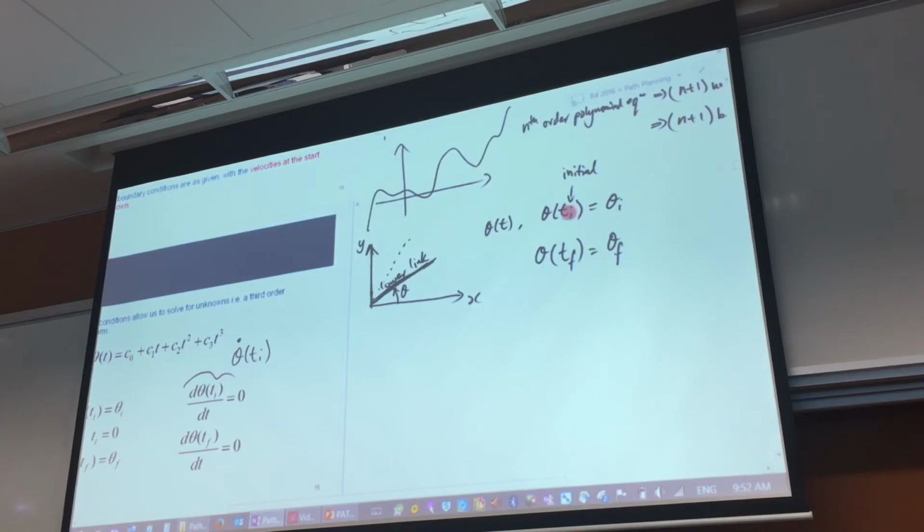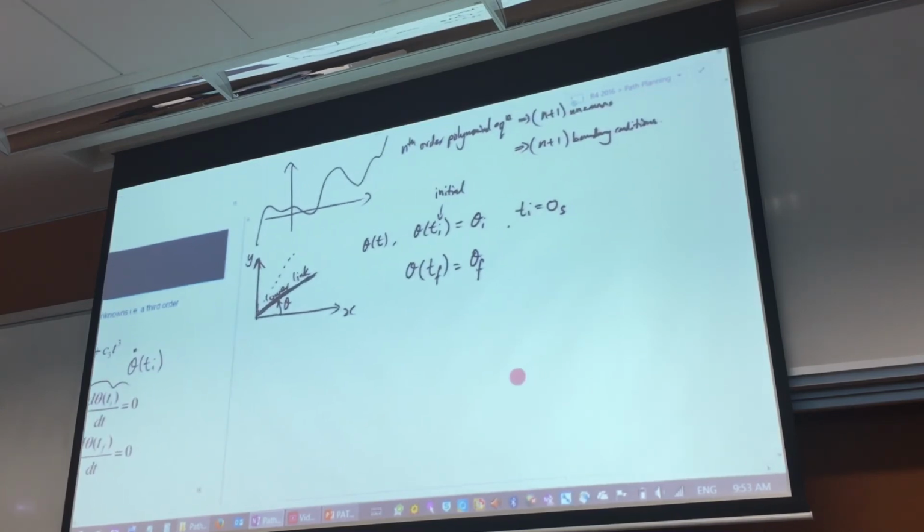So we would know that ti is when we can consider time equal to 0 seconds. So that means we can write theta at time equal to 0 is equal to a certain initial angle theta i. So we have seen before that this link will be governed by a third order polynomial.